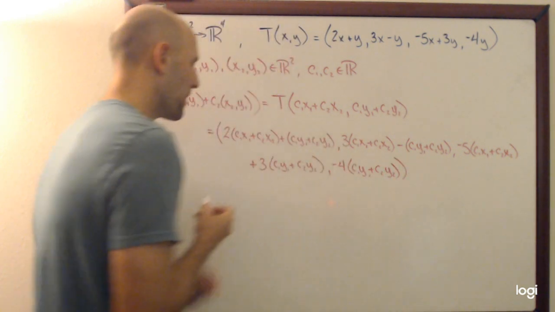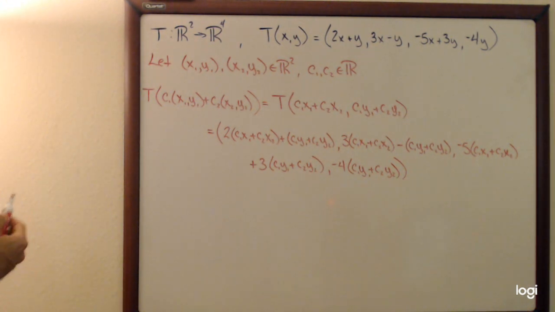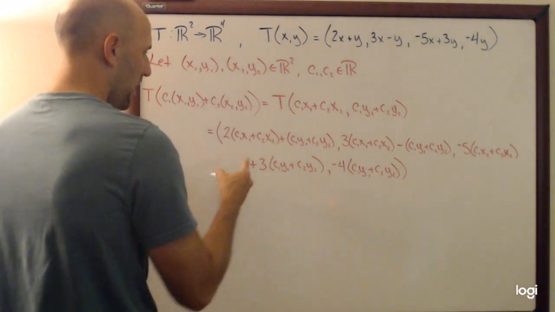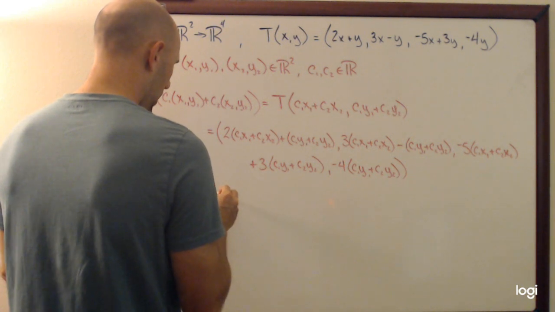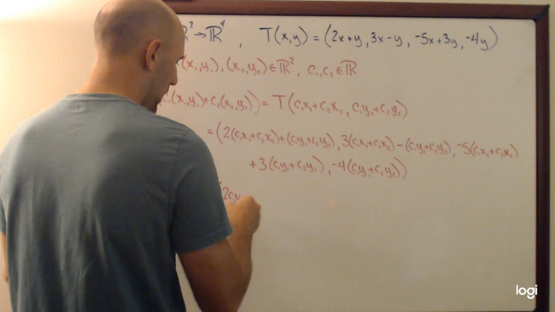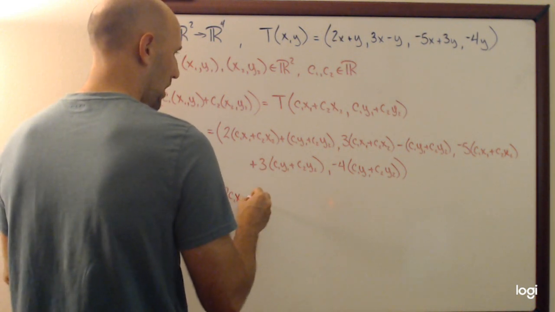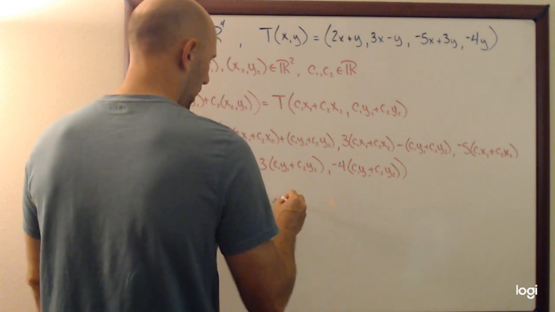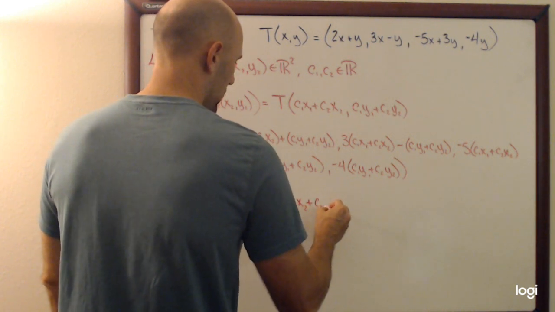Now, you can probably tell we're about to distribute and rearrange all of these things. If I distribute these terms and then regroup them, what I get here is 2c1x1 + c1y1 + 2c2x2 + c2y2.